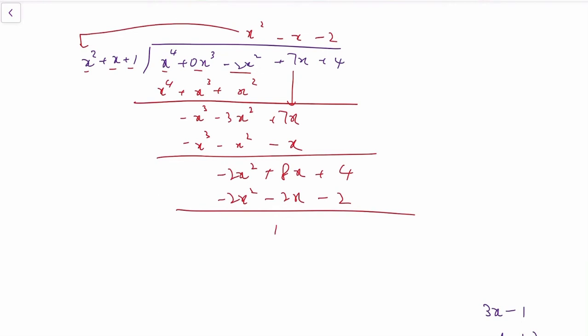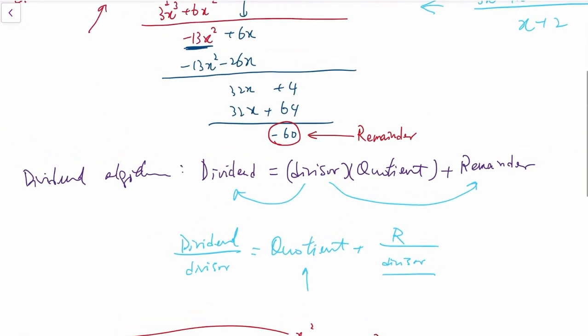Then again we subtract 10x plus 6. And so now we get something that is of degree 1, while the divisor is of degree 2. Therefore, that's it. That would be the remainder, because now the degree is less than the divisor.